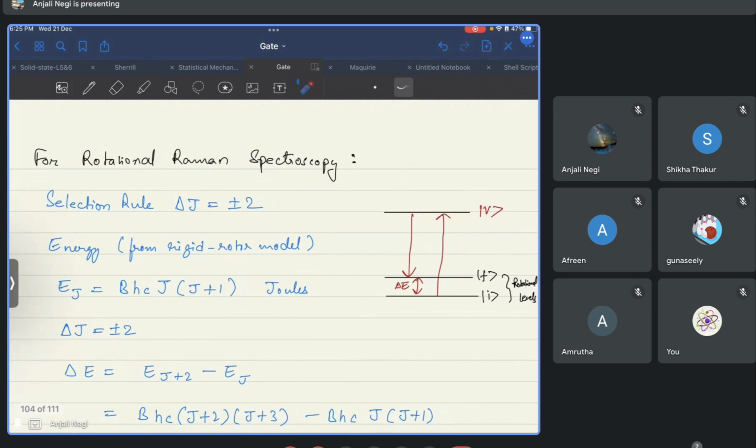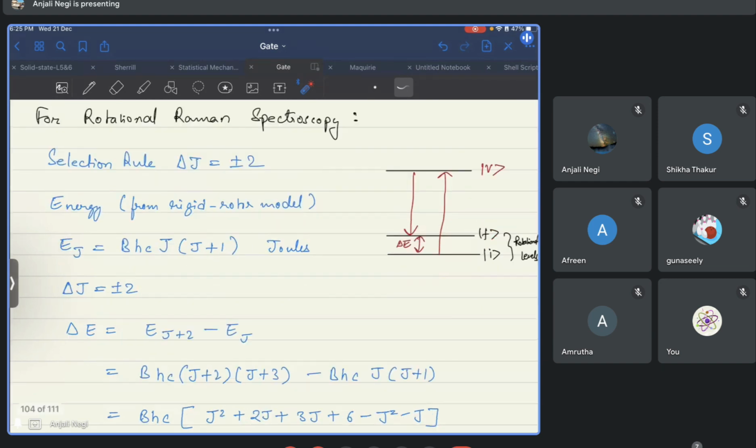Now coming to the rotational Raman spectroscopy. Always remember that generally in rotational spectroscopy we have a selection rule of delta J equal to plus minus 1. But in rotational Raman spectroscopy we have a selection rule of delta J equal to plus minus 2.